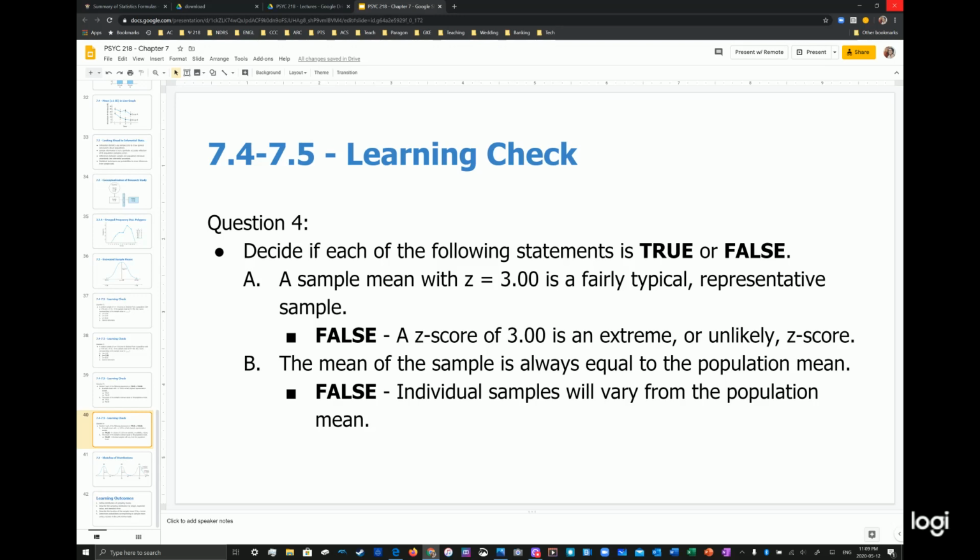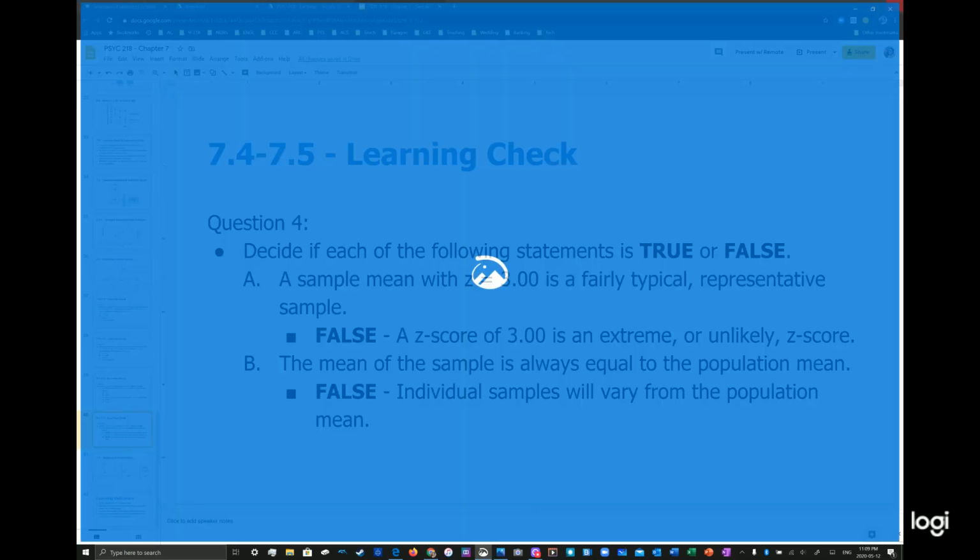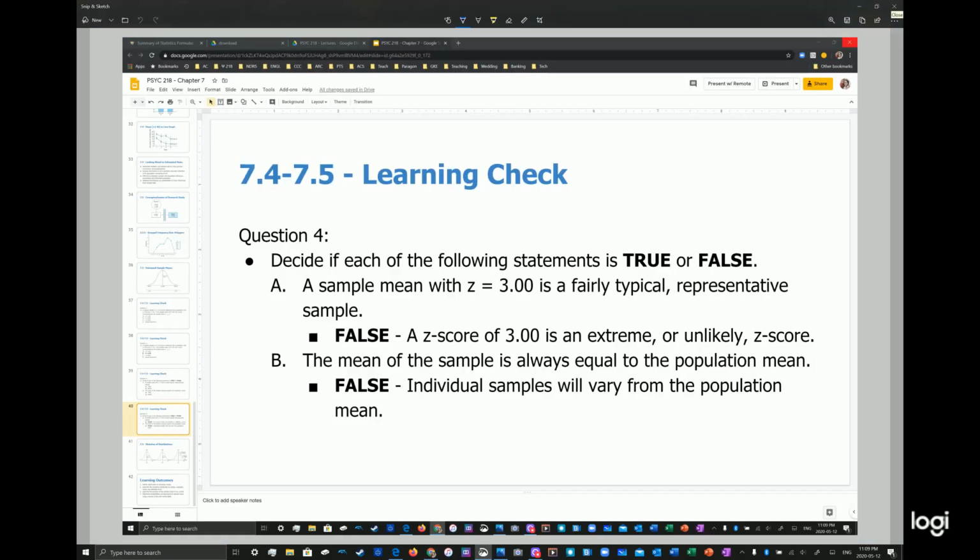So for the first one, there's a couple ways to think about this. First, notice it's the z-score. If you want a representative score, in any distribution of scores, a z-score that is closest to 0, if not on 0, is going to be representative, because a z-score of 0 means the value is at the mean.